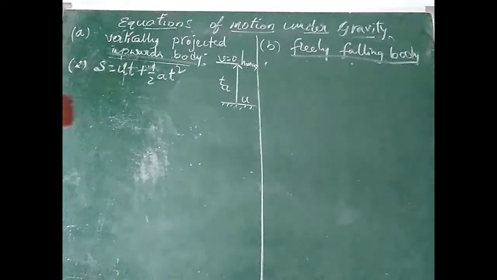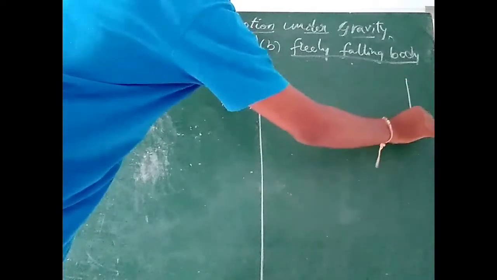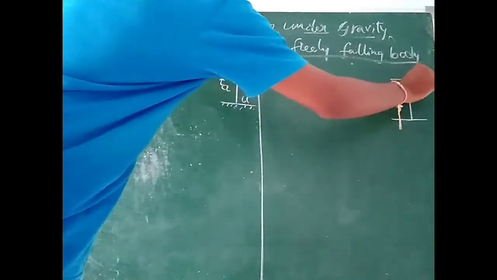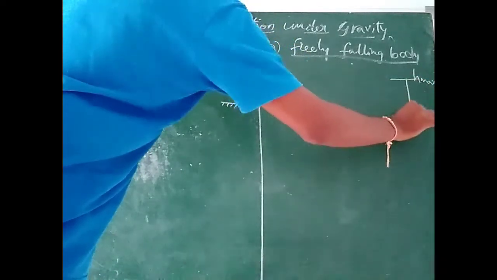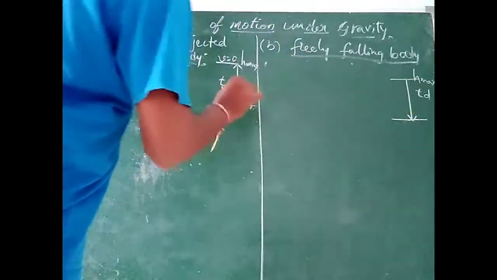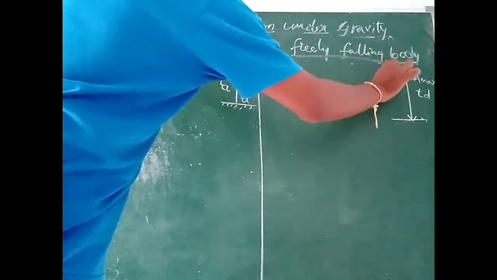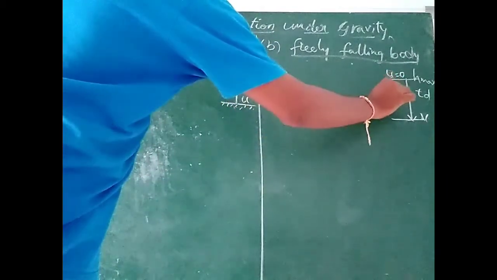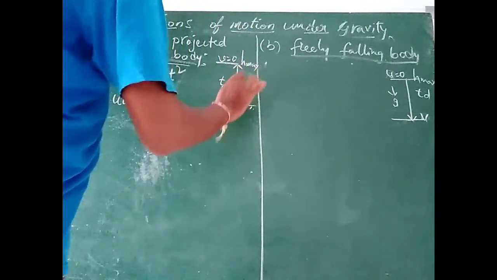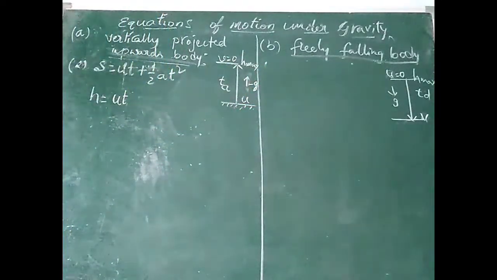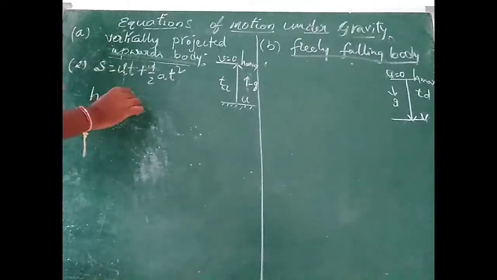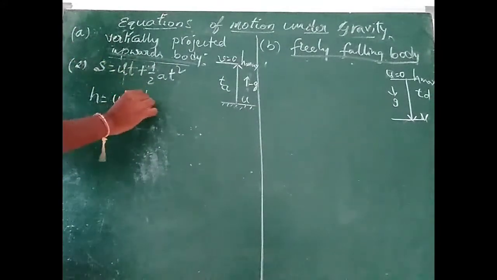S becomes h, is equal to ut, where u becomes u in this case, plus or minus half gt square.